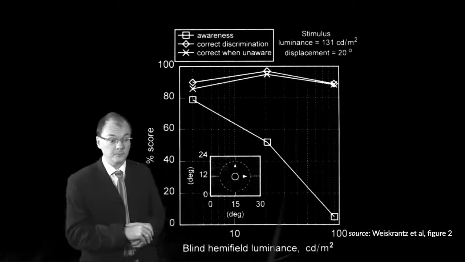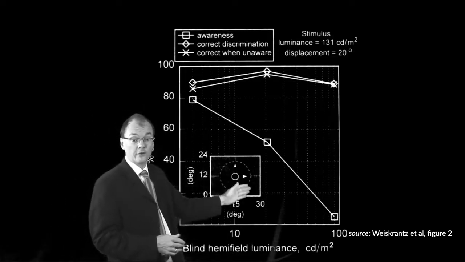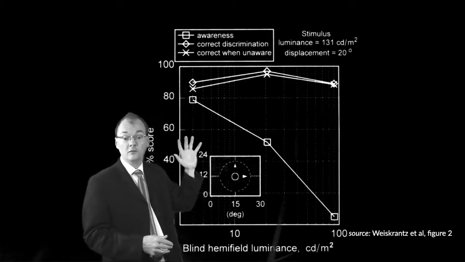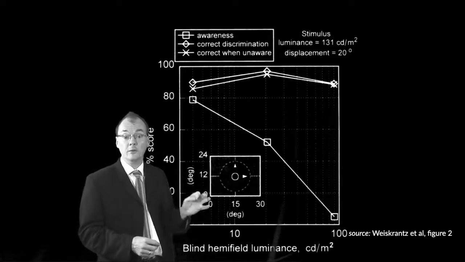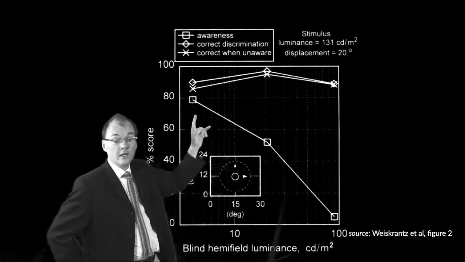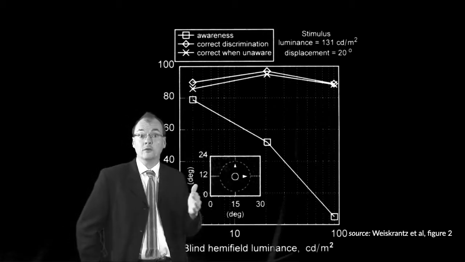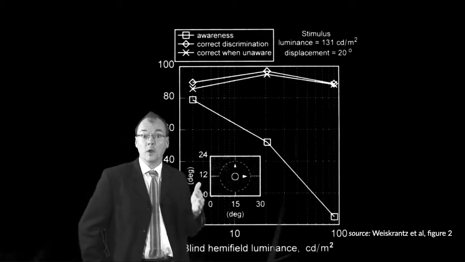Why is this exciting? Well, what you can see is that the subject's reports of awareness change dramatically, even though the subject is being very careful about using a very stringent criterion of awareness. So this change in reported awareness is unlikely to be due to the subject's criterion of awareness changing.